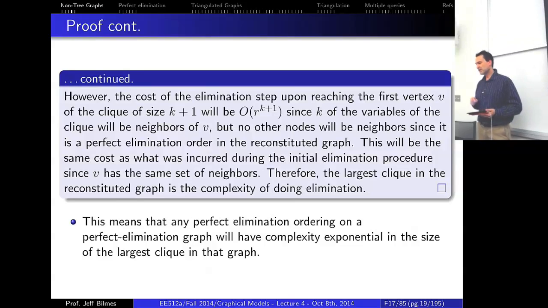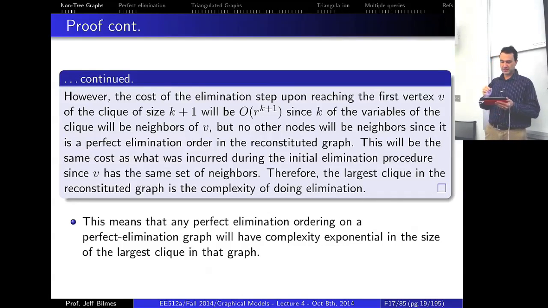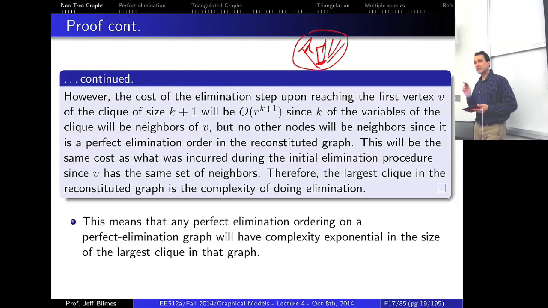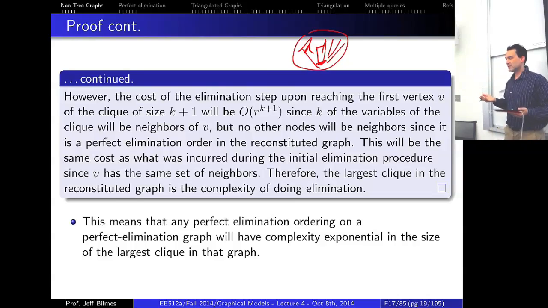But consider the cost of the elimination step when we reach the first vertex of that largest clique. You've got some big clique over here, with k plus 1 vertices, and this is the first vertex. It's going to have k neighbors up there, and the cost of that first vertex is going to be k plus 1.